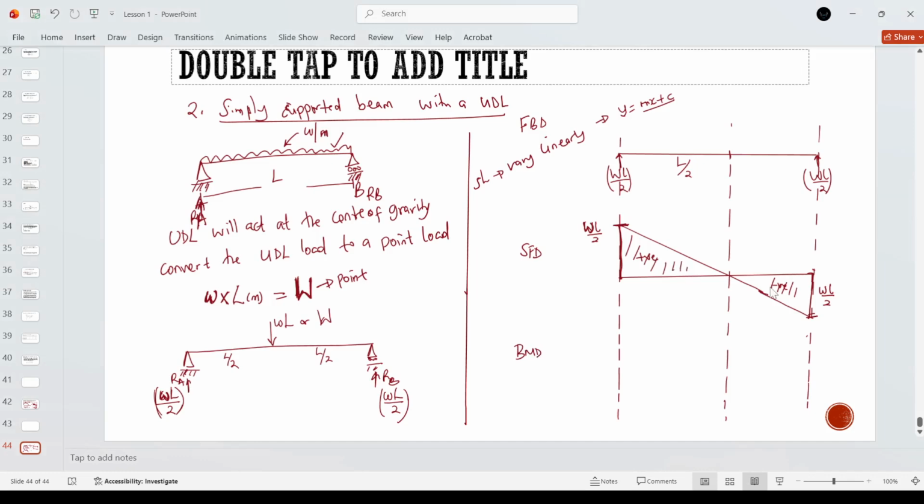We said that moments are maximum where shear force is equal to 0. Okay, so we want to find the moment at this point, at this point C, let me call it the point C. And we said that for us to obtain moments, we will calculate the area under the graph.